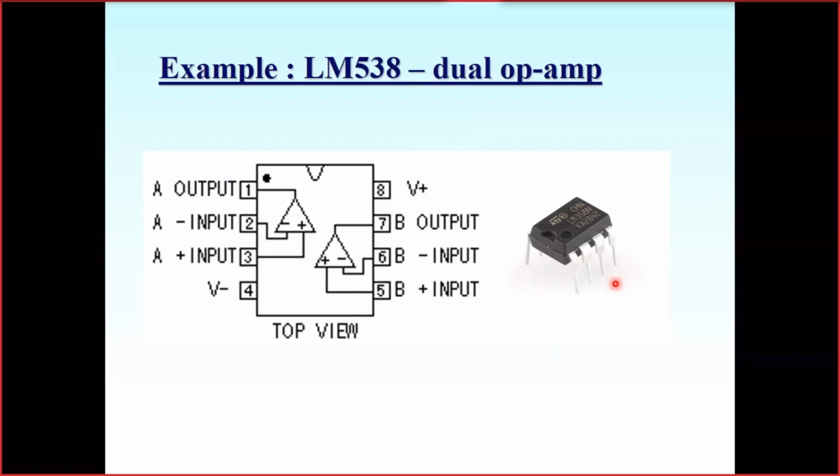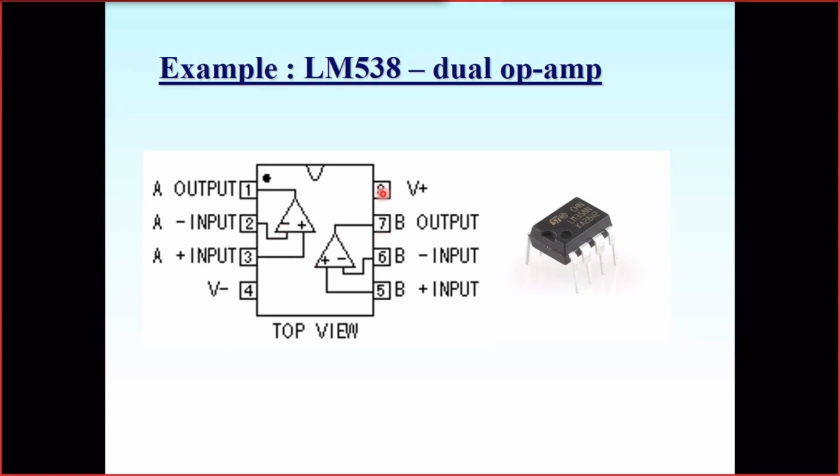Another example is the amplifier LM358, which is one of the most useful in our lab. We have a very limited number of amplifiers, and usually all the prototypes we do using LM358. This is a typical example of a dual op-amp. It means it has two separate amplifiers in one chip.